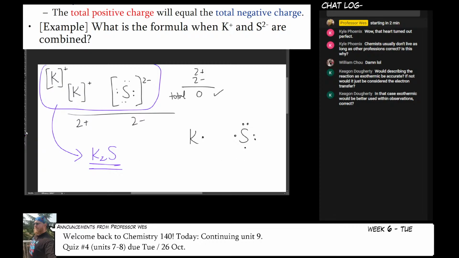If I do my electron transfer, I can move this electron over here. And this potassium has an octet. It has 0 valence electrons, right? But this sulfur doesn't have an octet yet. It has 7. There's still an empty space down here. So I would need to get a second potassium here in order to do that.